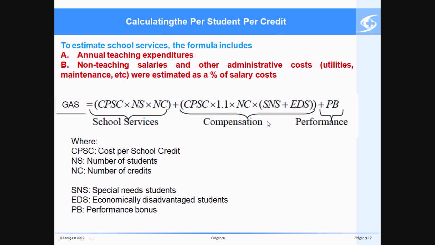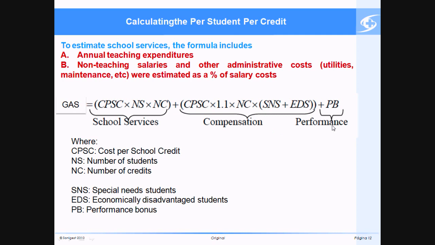Why a factor of 1.1? Because it was estimated based on practices internationally that it takes about 1.1 times as much cost to educate students with special academic needs and socioeconomic disadvantage. Finally, the performance bonus.